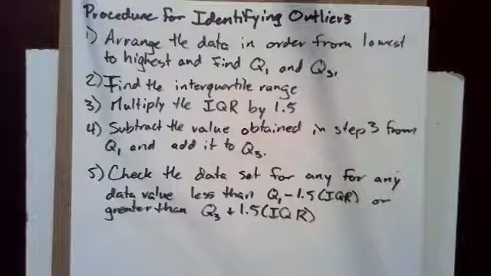The procedure for identifying outliers: first, arrange the data in order from lowest to highest, and then find Q1 and Q3. And I'll just tell you right off the bat, we're not going to use the same traffic violation data again. Then we find the interquartile range, multiply it by 1.5.